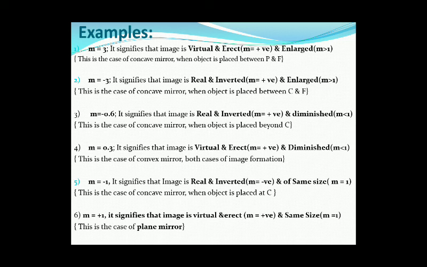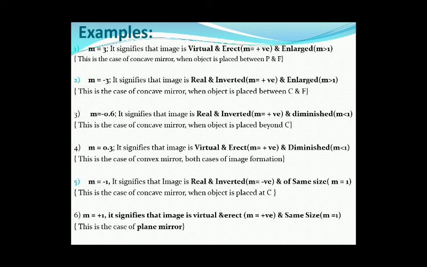Again the case of concave mirror. Fourth, when m equals positive 0.3, positive means virtual erect, 0.3 means less than 1. So virtual, erect, diminished. This is the case of convex mirror. Convex mirror always gives us a virtual, erect, diminished image. If m equals minus 1, minus means real inverted again and 1 means same size.